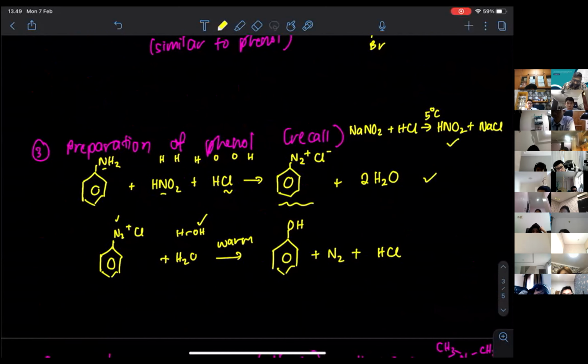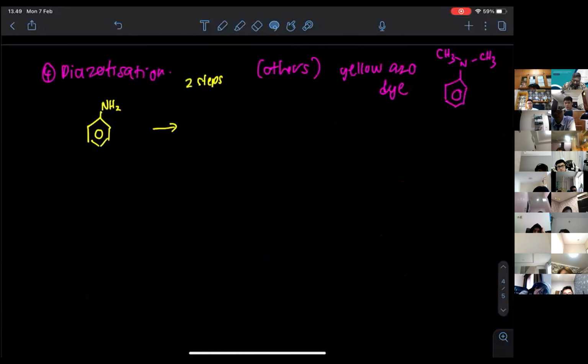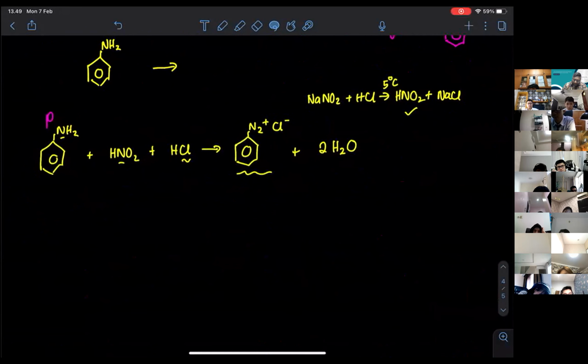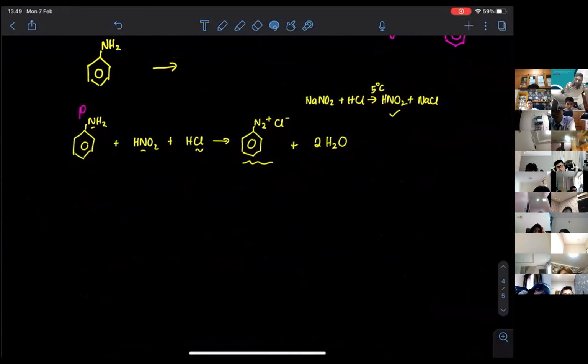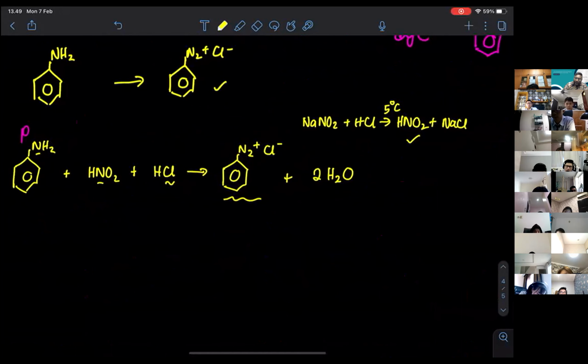Let's copy them down. You will get a benzene diazo salt. So first you have this reaction where you have converted them into this N2+Cl-. That is the first step.